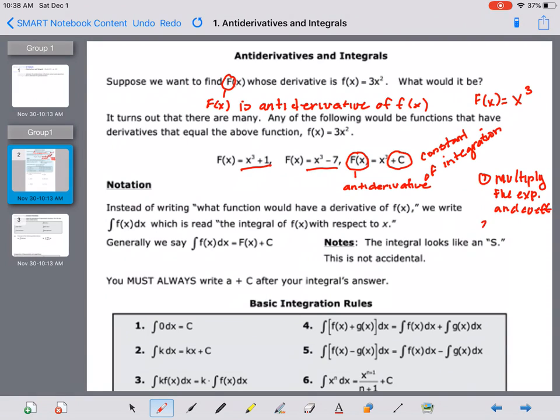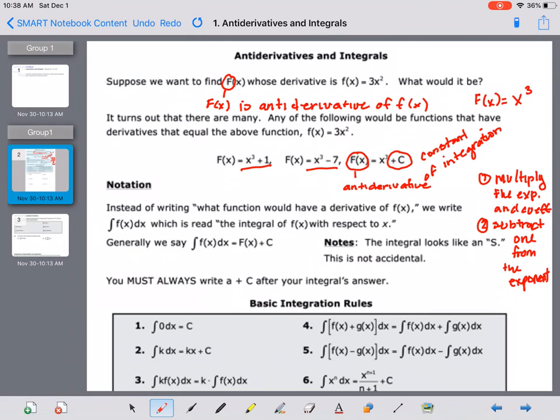And the second thing we did was subtract 1 from the exponent. So if we think of the inverse operation, we're working backwards. Instead of starting at 1, we'd actually start at 2. And instead of subtracting 1 from the exponent, we would add 1 to the exponent. And then instead of multiplying, we would divide by that new exponent. So we're working backwards from what we did with derivatives.